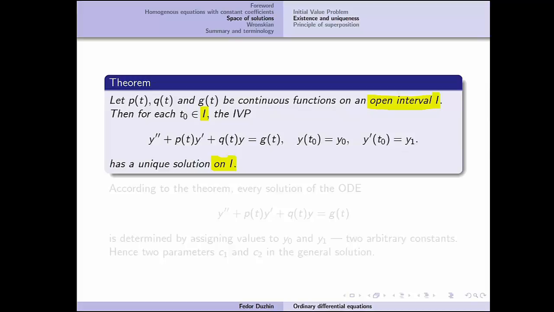So this part about the same interval is what we are not going to be able to prove. But because of a similarity with first-order differential equations, I think you'll believe me if I tell you that it is going to be like this.